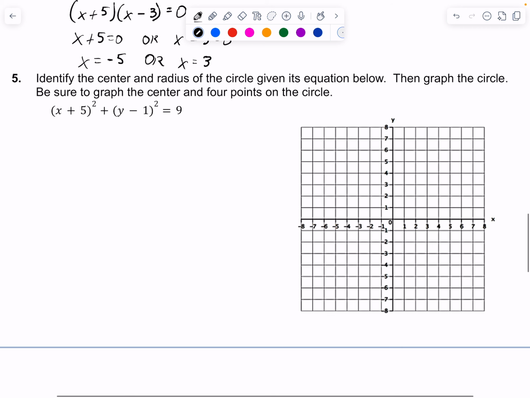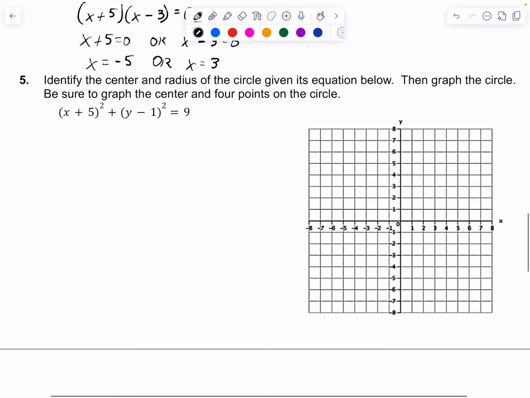All right, number 5 says to identify the center and the radius of the circle and then graph it. So remember from your formula sheet that this is x minus h squared plus y minus k squared equals the radius squared. You don't have to write that down on your final if this is the type of question you're given, but just a reminder of that's why we pull out the opposite number, right?